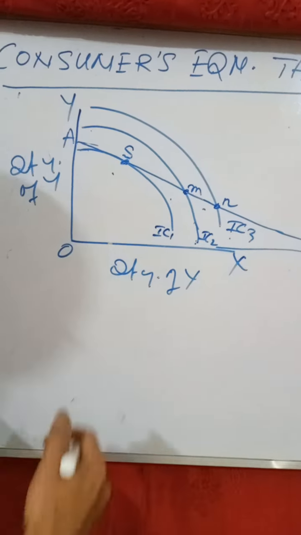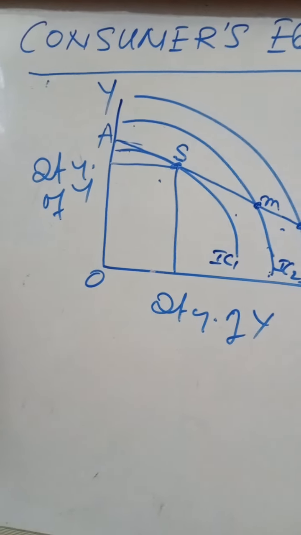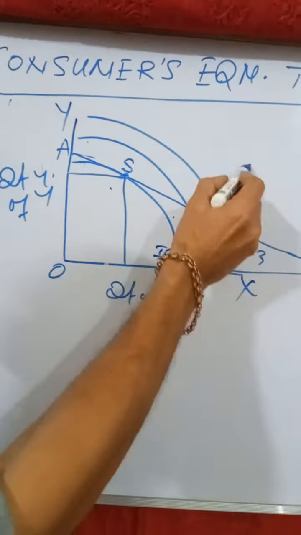So here the consumer is getting least satisfaction, minimum satisfaction, when we consider this indifference map consisting of three indifference curves. If the indifference curve is concave to the origin, then the point of tangency indicates the consumer is getting minimum satisfaction.